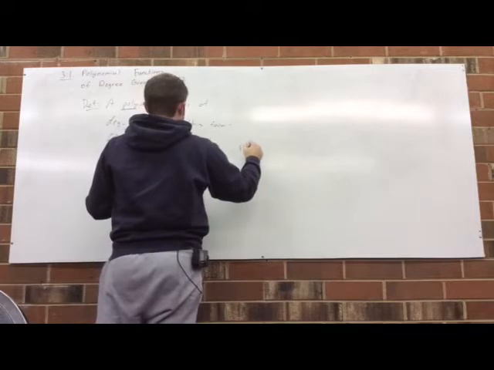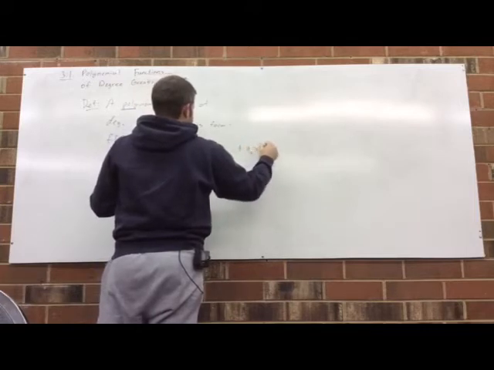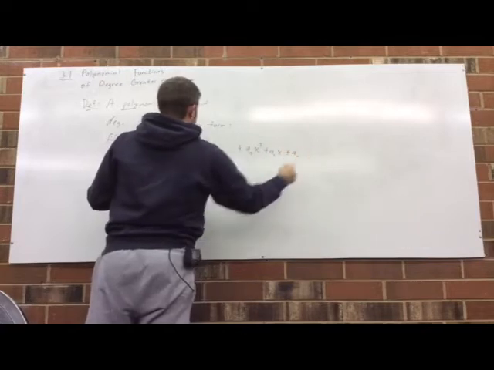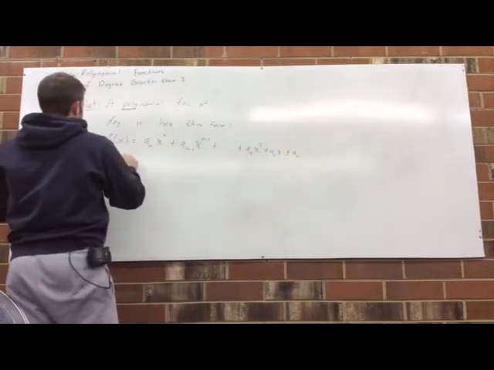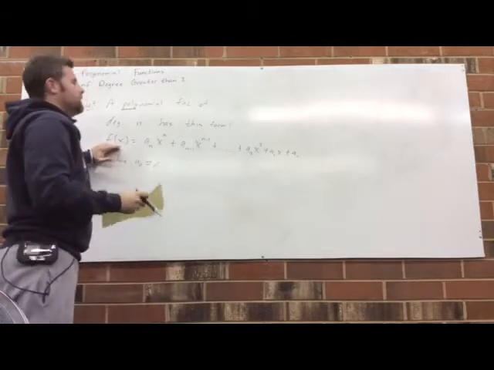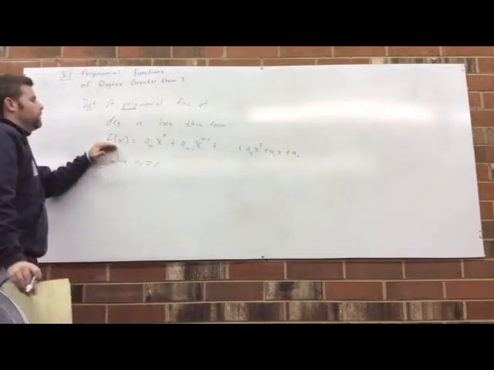It just continues down, a sub 2 x squared plus a sub 1 x plus a naught, where a naught cannot equal 0. So this is the general form of a polynomial.